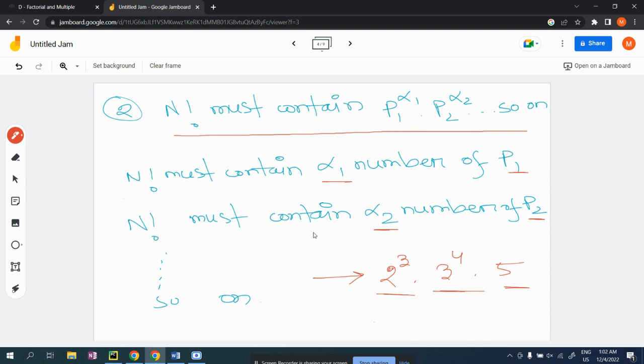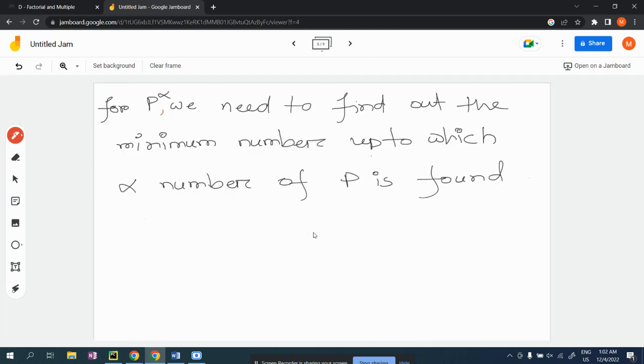Now let's go to the third observation. For a particular p to the power alpha, we need to find the minimum number up to which alpha number of p is found. Suppose our p to the power alpha is 2 to the power 3. That means we need to find the minimum number up to which we can find 3 twos.